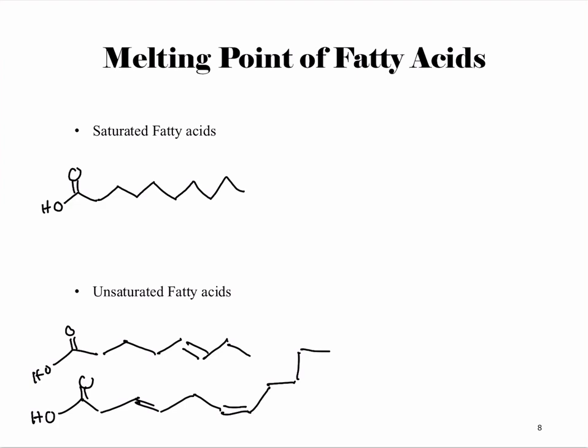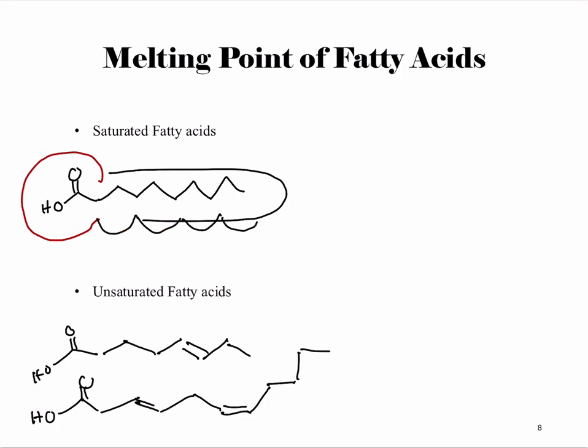If I was to circle this part of the molecule, it's going to look something like this. These are all going to be little alkyl groups. This is like an electron density map, what the fatty acids look like if you looked at their potential, how things can get close to each other.